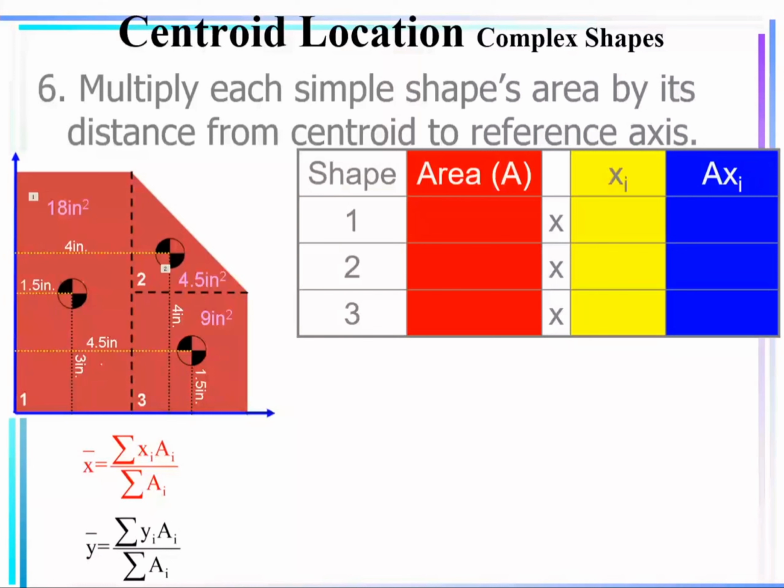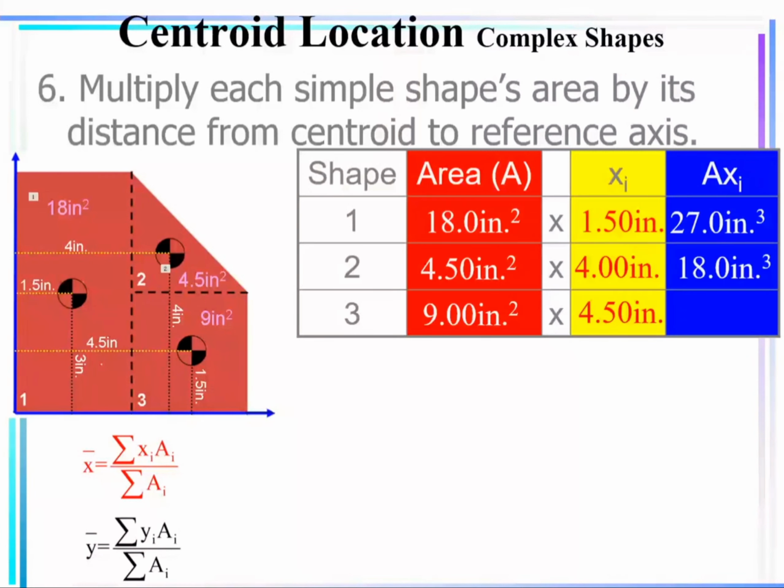I'm summing them up here. Area into its x distance. That's basically the area of this one multiplied by this distance.